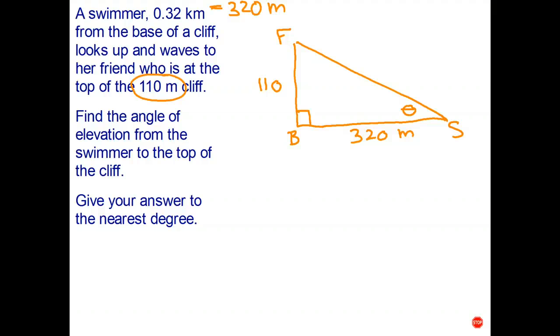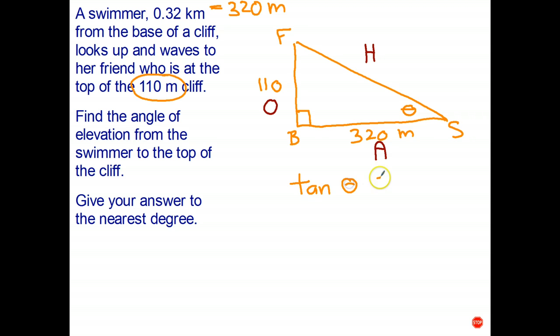Okay, let's find out which trig ratio we're going to need for this. So the side opposite the right angle is the hypotenuse. The side opposite the known angle is the opposite. The side next to the known angle is the adjacent. And we know the opposite side, we know the adjacent side. Opposite over adjacent, that's the tangent ratio.